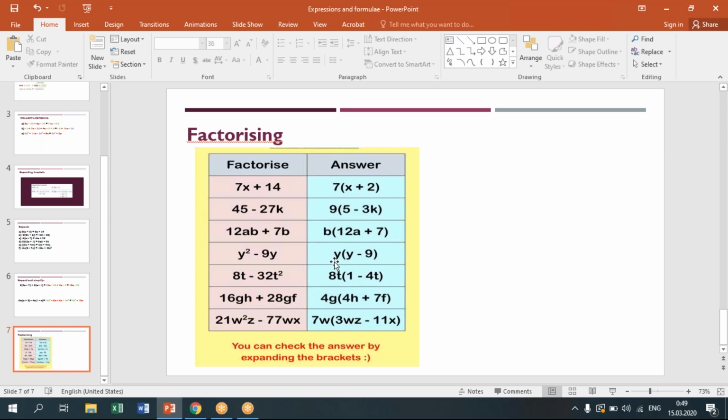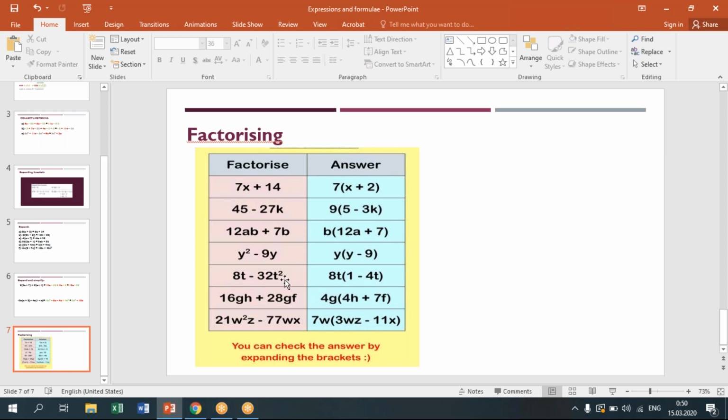One of them I wrote before the bracket, so only one y will be in the bracket. Minus, the same minus here, 9y. I wrote this 9 before the bracket, so in the bracket will be just 9. Let's check. y times y will be y squared. y times negative 9, it will be negative 9y.